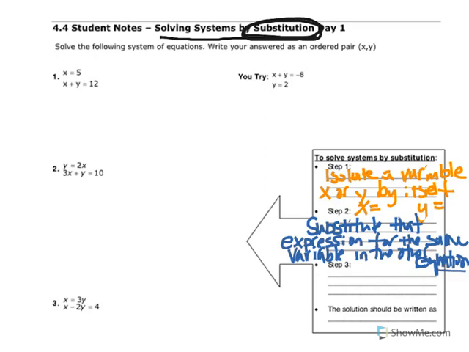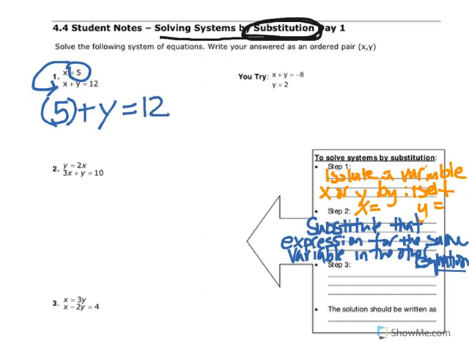So let's take a look at what that means. We have x equals 5. Since I know that x equals 5, I can take this 5, just like I did with the buttermilk, and substitute it for this x right here in the second equation. So instead of x plus y equals 12, I'm going to substitute 5. When I substitute, I like to use parentheses. 5 plus y equals 12.